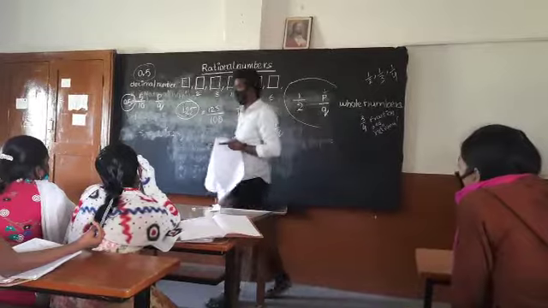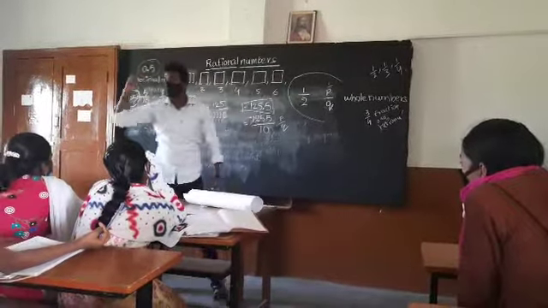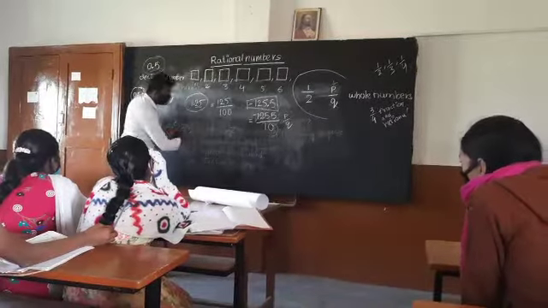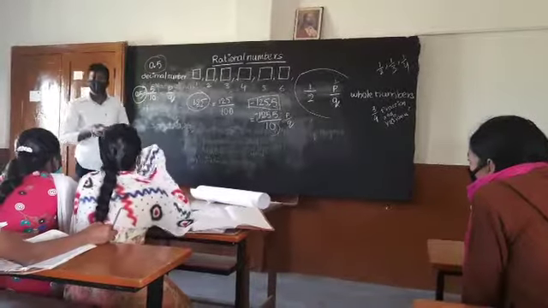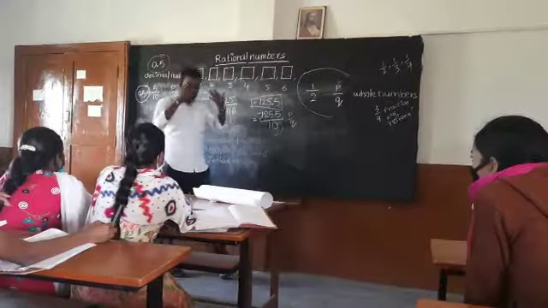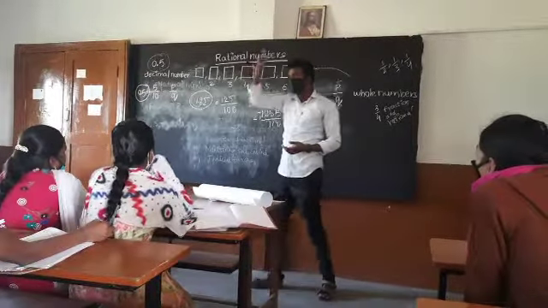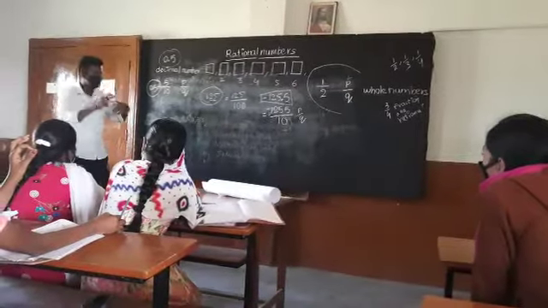You may be asking, sir, why don't you say the definition for rational numbers, and you are telling the natural numbers, whole numbers, all integers as part of rational numbers? They do not seem to me as a p by q form. You said for terming a rational number, it should be in the form of p by q.